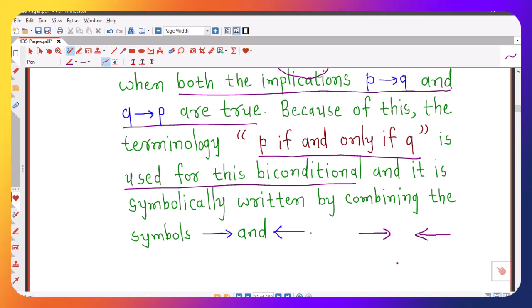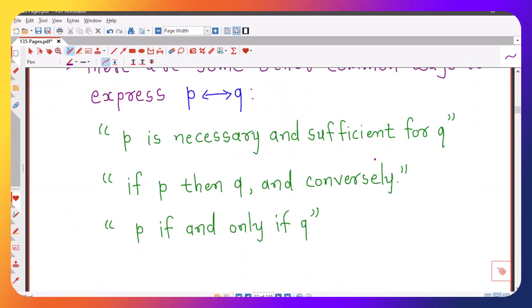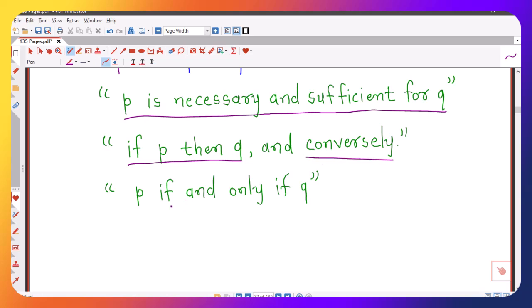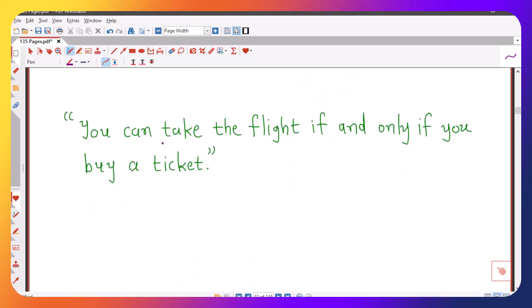Whenever we have this type of sentence, we understand that we are going to use the biconditional operator. P is a necessary and sufficient condition for Q. If P is true, then Q is true, and conversely, if Q, then P. This is one situation in which we have a biconditional statement.